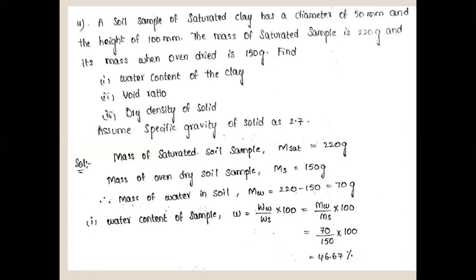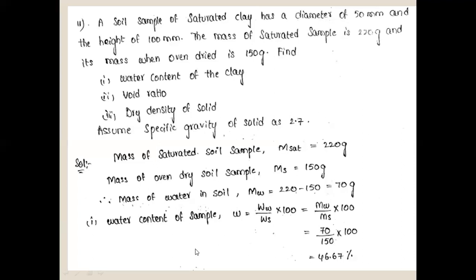From these two values, find out the mass of water in soil. Mass of water in soil Mw equals mass of saturated soil minus mass of oven dry soil. So 220 minus 150 equals 70 grams.